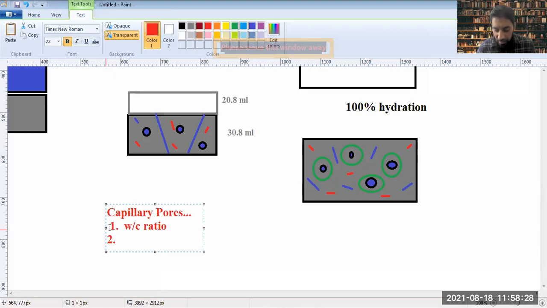Why is water required? It's required actually for hydration. But if the water amount is quite large, the water will make capillaries and the water will flow through that.